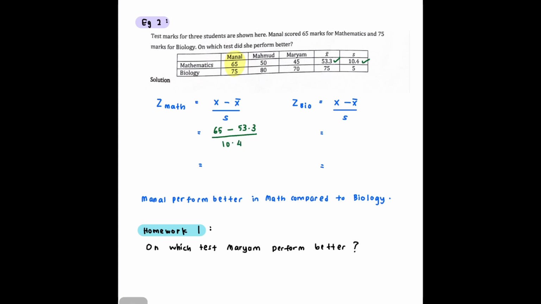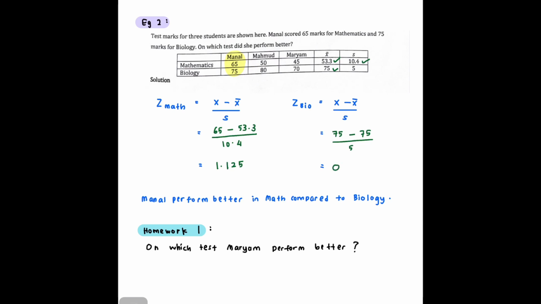Just calculate, and your answer for the z-score for maths is 1.125. And then for biology, Manal's mark for biology is 75, minus the x bar, which is also 75, divided by s, which is 5. So your answer will be 0.